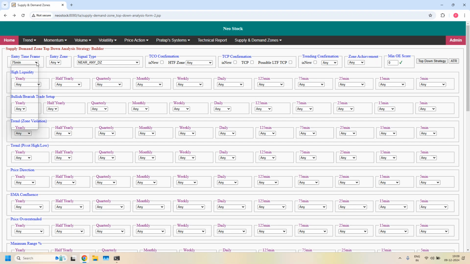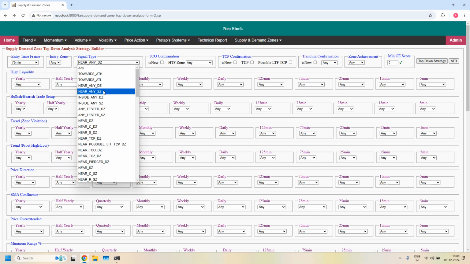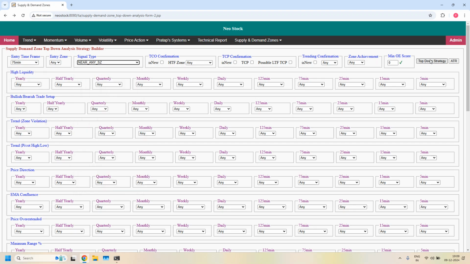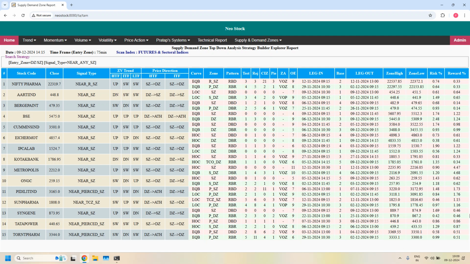Okay, next for 75 minutes time frame, let's find the stocks near 75 minutes supply zone. So 15 stocks are filtered. Let's identify high liquidity zones from this list. The first one is pierced, not valid. We don't have any valid high liquidity 75 minute supply zones from this list.